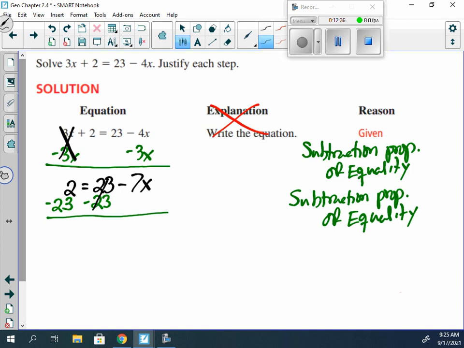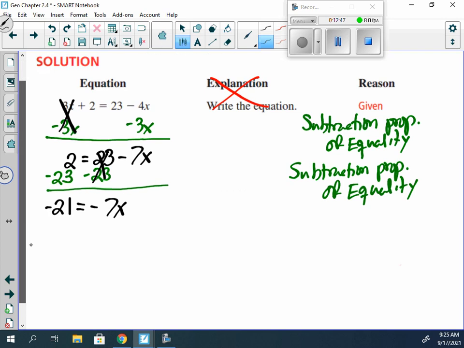Because 23 minus 23 would give us 0. So I'd have negative 7x by itself. Over here we have 2 minus 23, which would be negative 21. What do we do next?